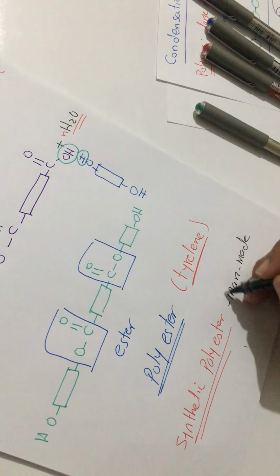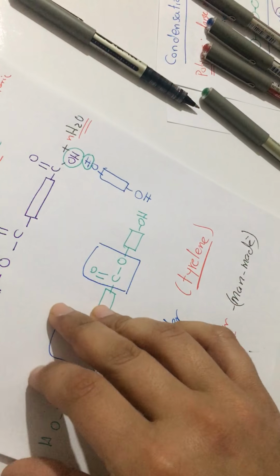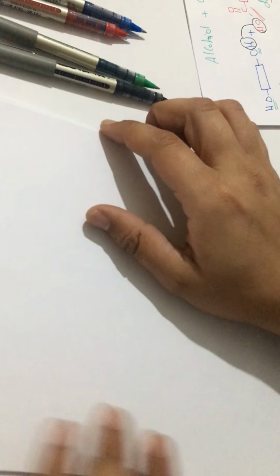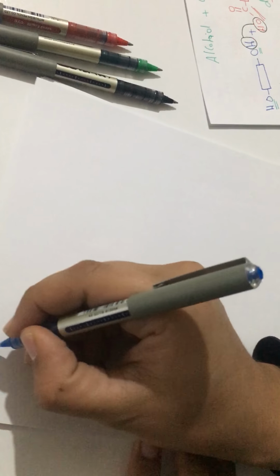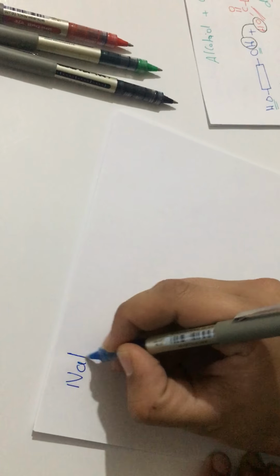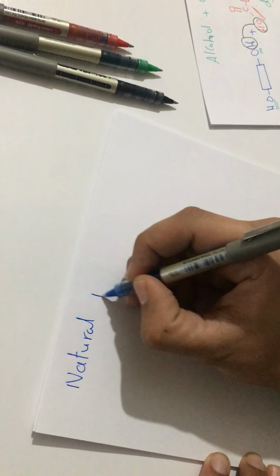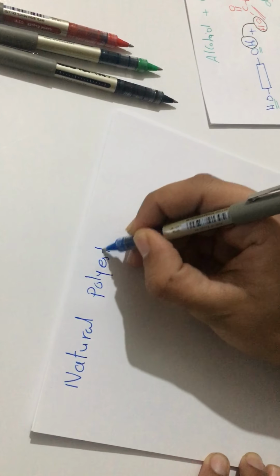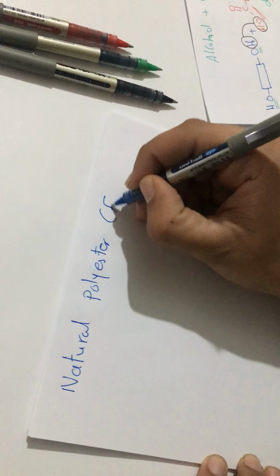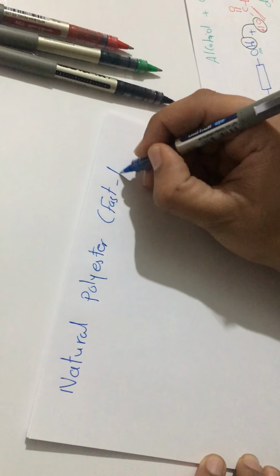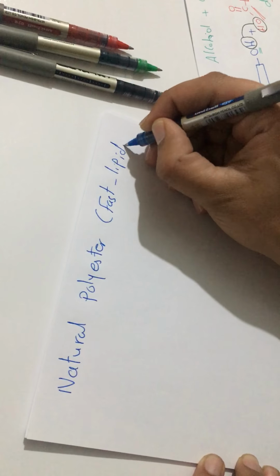So we have an example in our diet that is made naturally. The plants or the living organisms can form what is also considered as a natural polyester, which is called fats or lipids.